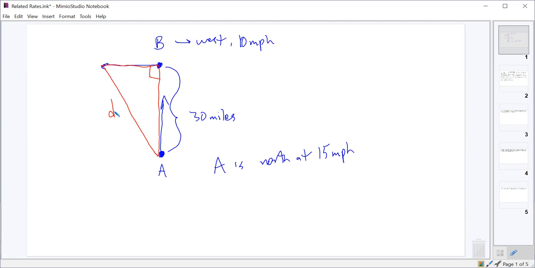And so what we need to do is figure out values in the same variable for the length of the segment between A and B, and then the length of how far B has gone. And so if we do that in terms of time, let's call T equal the number of hours.